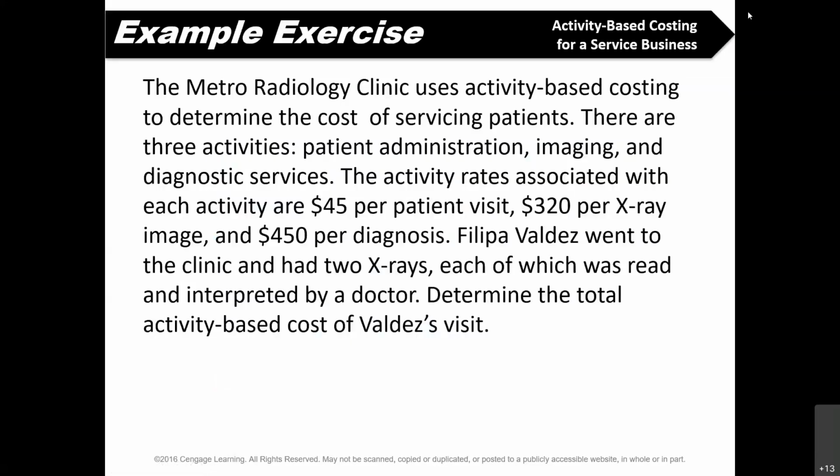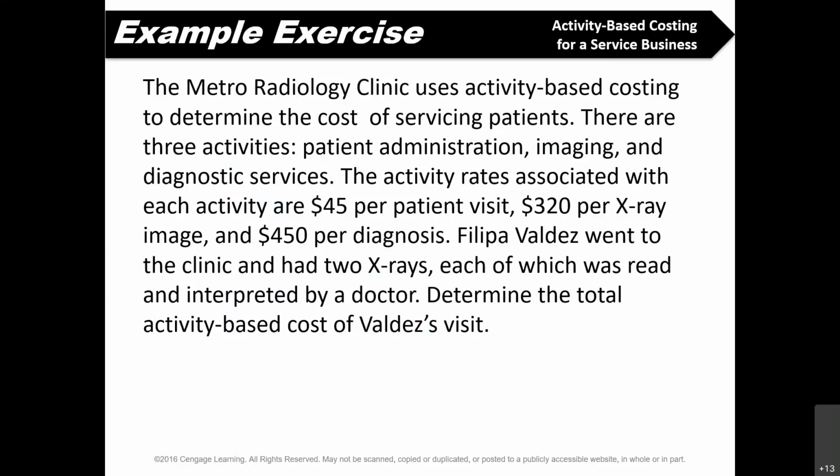So let's look at this one more time with another example. This is our last slide. The radiology clinic uses activity-based costing to determine the cost of servicing patients. There are 3 activities: patient administration, imaging, and diagnostic services.